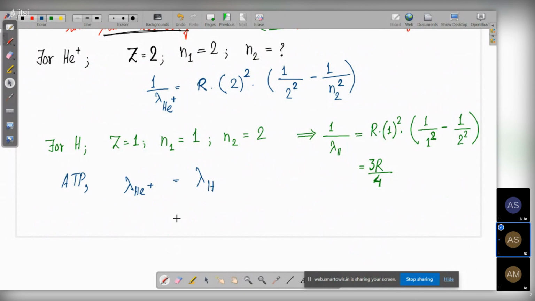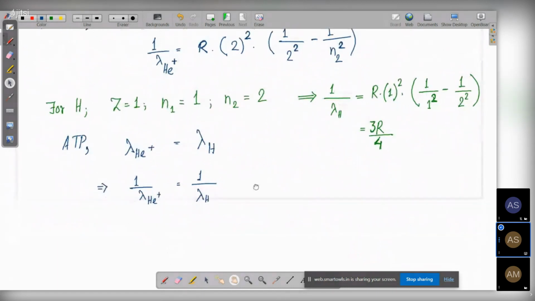This is what the question has told us. Suppose A is equal to B, then 1 by A is also equal to 1 by B. So let us write it: 1 by lambda of helium plus is equal to 1 by lambda of H. Now simply put down both the values.